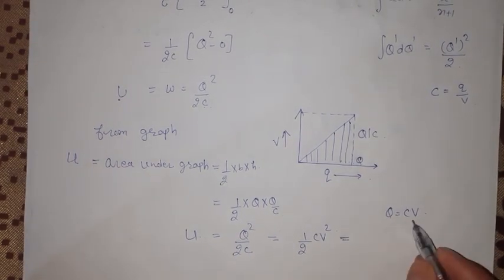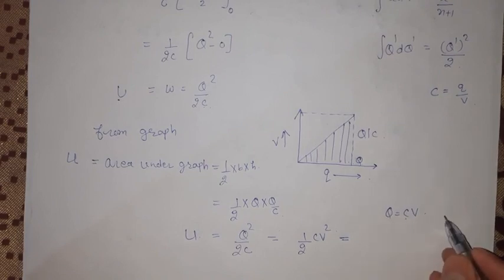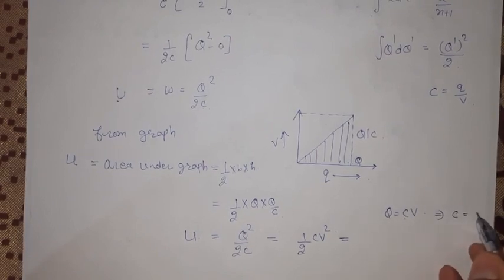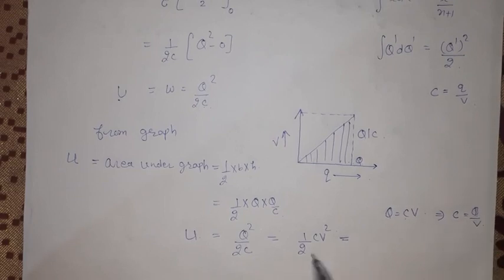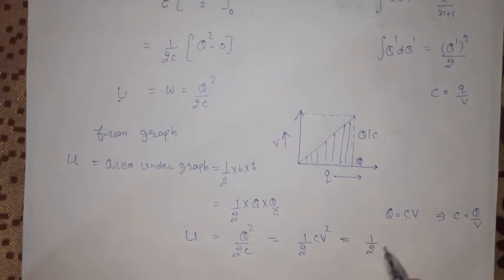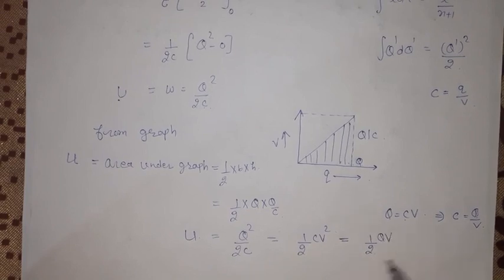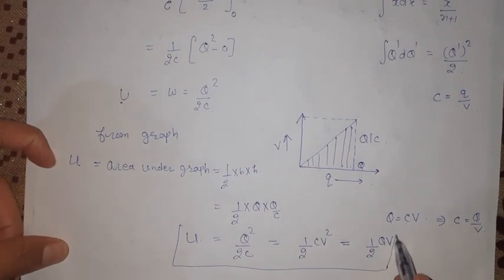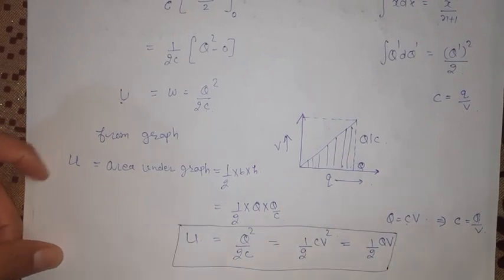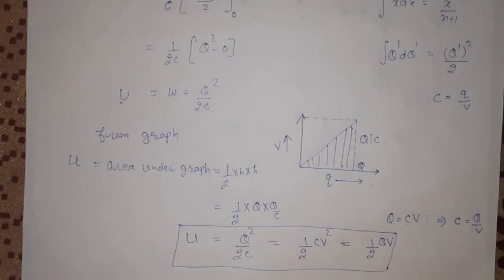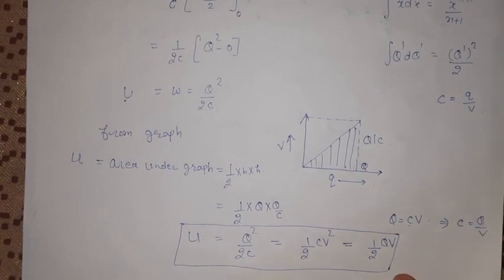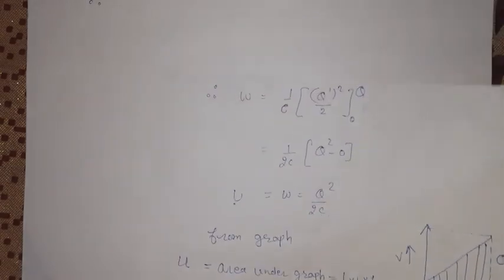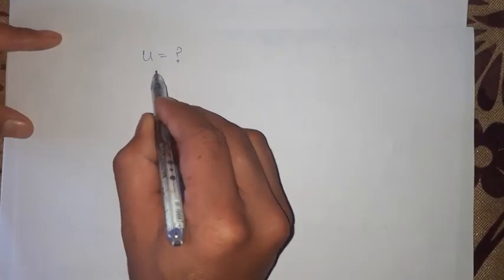And if I note C as Q by V and put it in this one, we get 1 by 2 QV. Okay, so thus student, these are the different formulas which we have to use while calculating the potential energy stored in the capacitor.